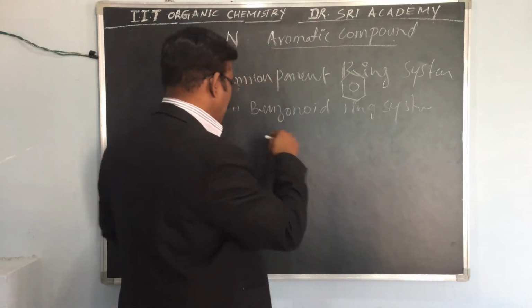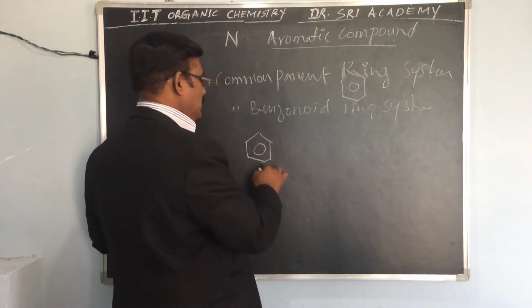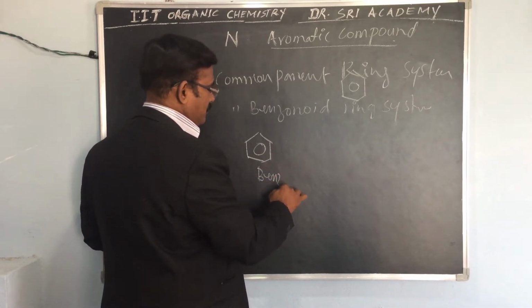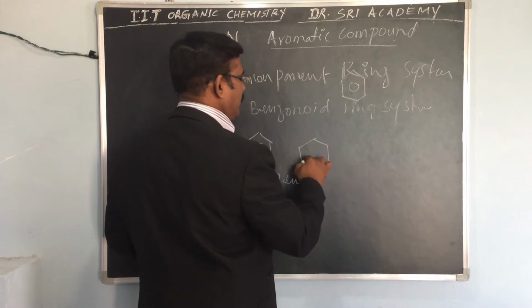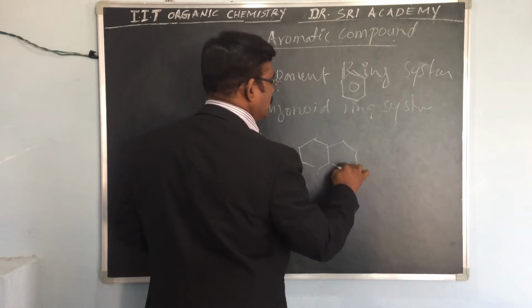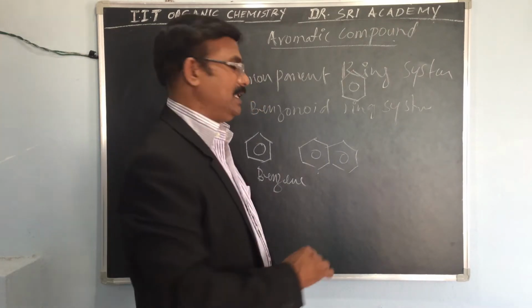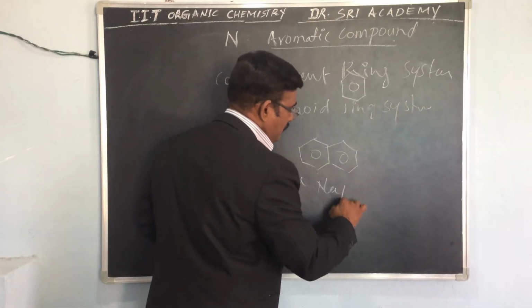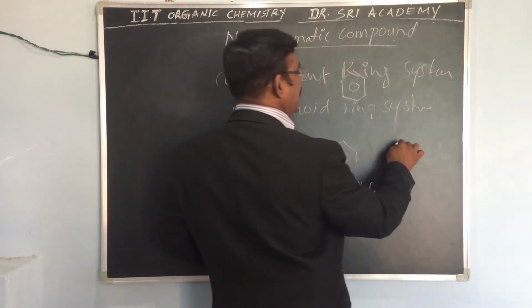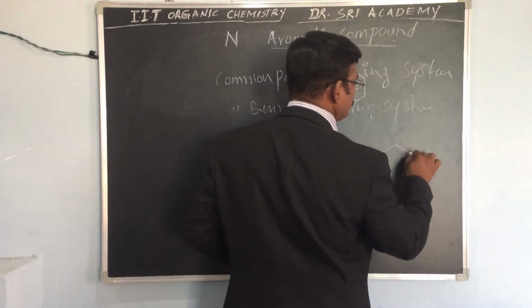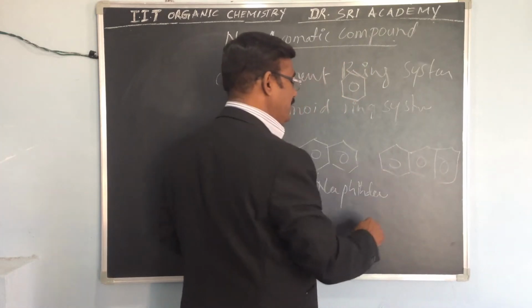For example, this is called benzene. And when 2 benzene rings are attached, this is called naphthalene. If 3 rings are there, anthracene.